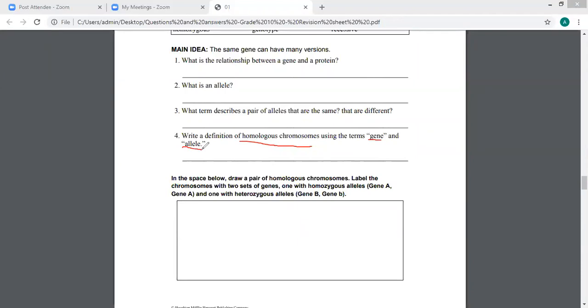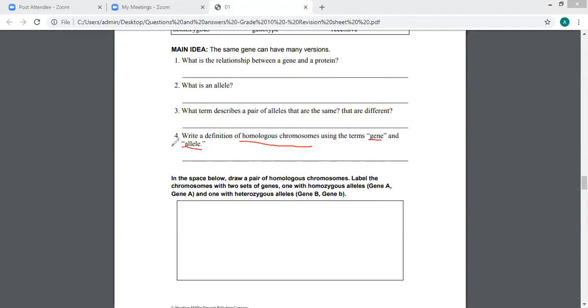So we'll say that homologous chromosomes are two chromosomes, one inherited from the mother and the other inherited from the father, and they are the same in, for example, length, and carry the same genes, but maybe their alleles are different or similar.